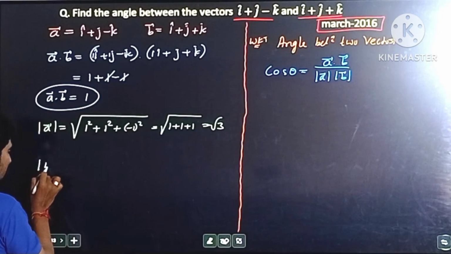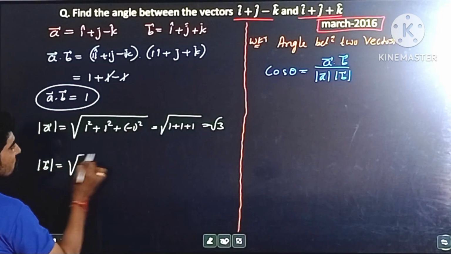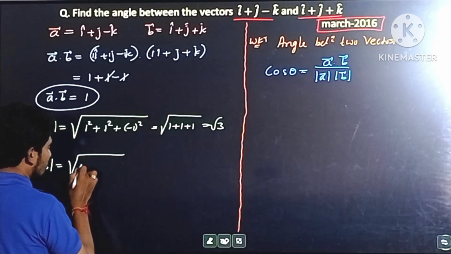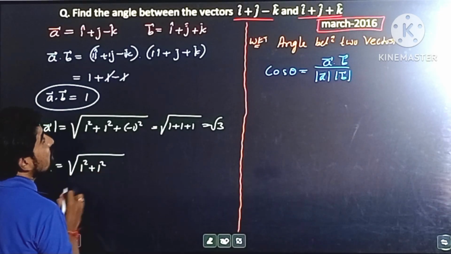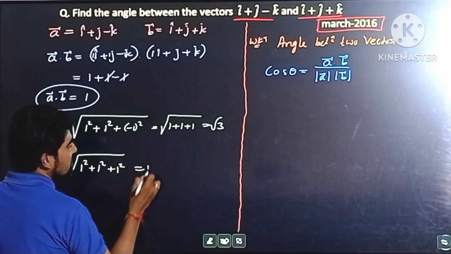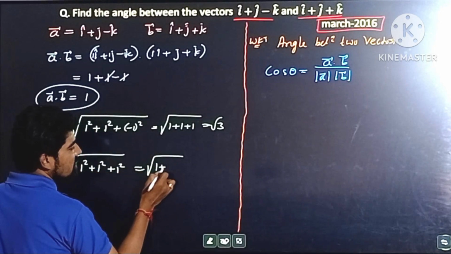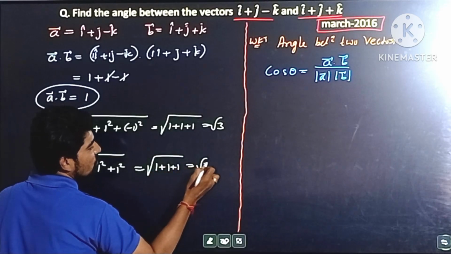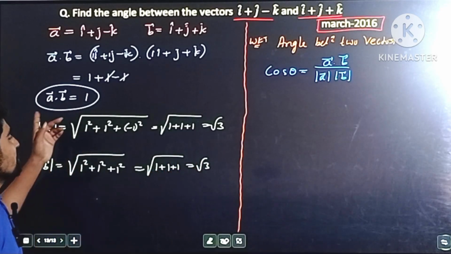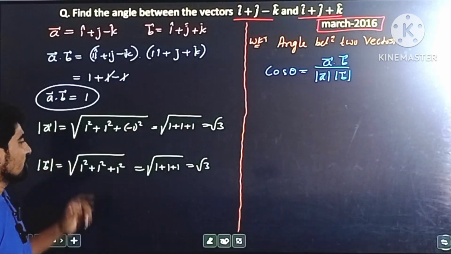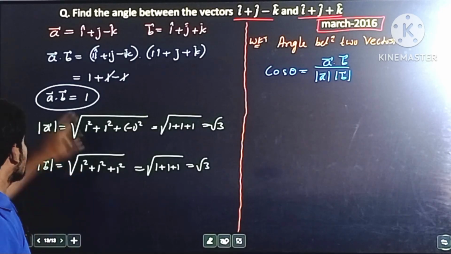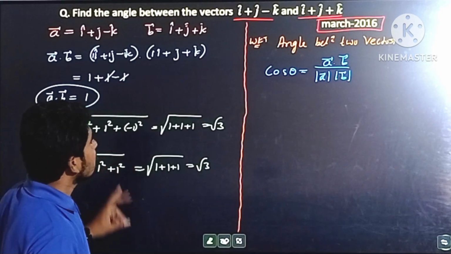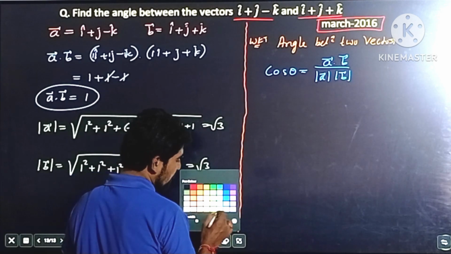And also we need the magnitude of B vector, which is equal to the square root of 1 square plus 1 square plus 1 square, which is the square root of 1 plus 1 plus 1. Answer is root 3. So we got the values of A vector dot B vector, magnitude of A vector and magnitude of B vector.